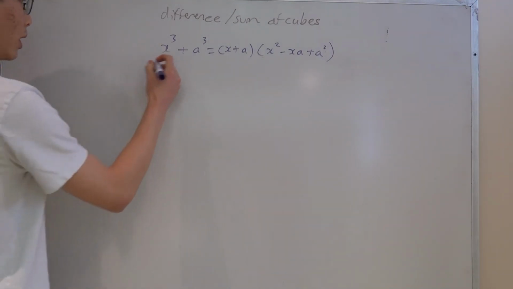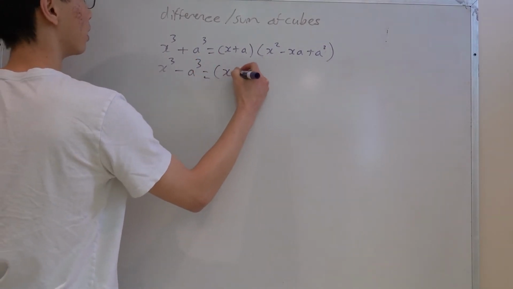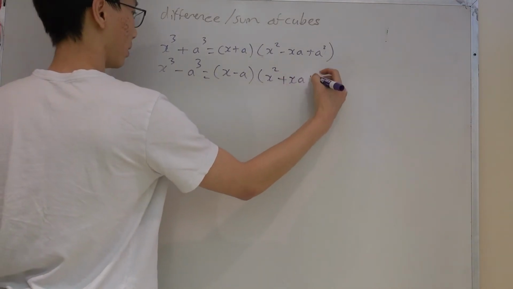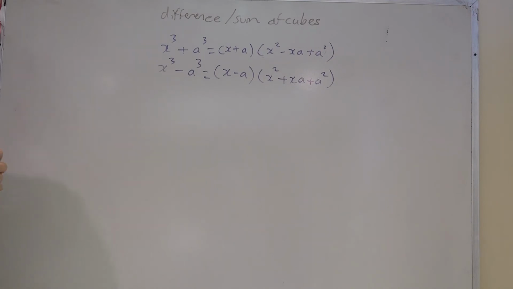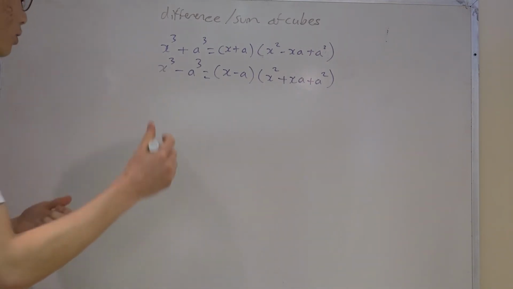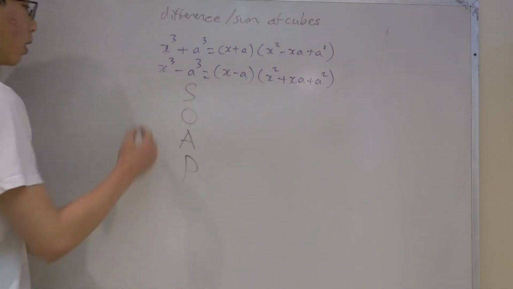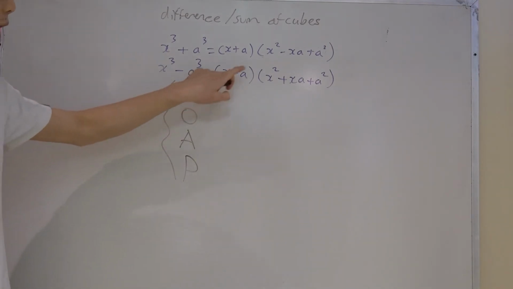Okay. The next one is x cubed minus a cubed. And it's going to look similar, but it's not the same. Okay? So here's how you're going to remember these two formulas. It's called SOAP. S-O-A-P. What this means, SOAP, stands for the signs that you're going to add into each of these forms.